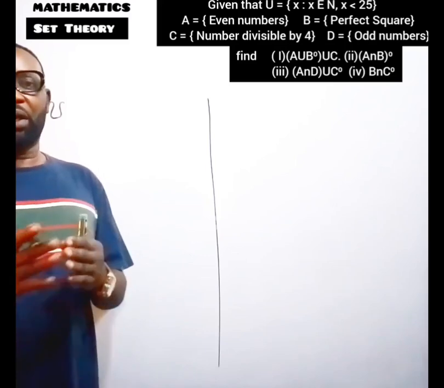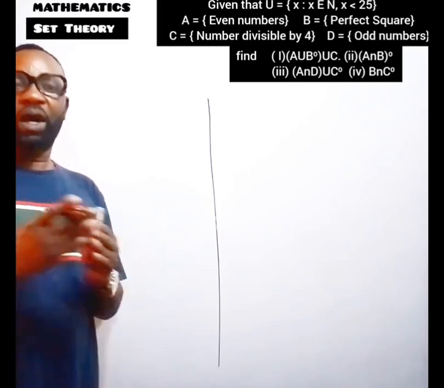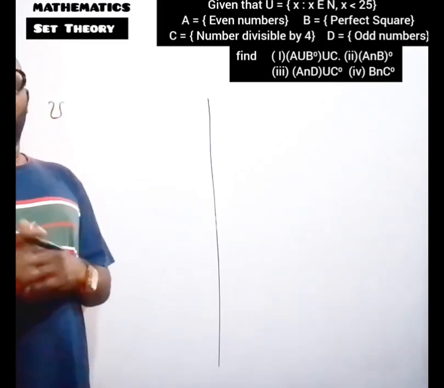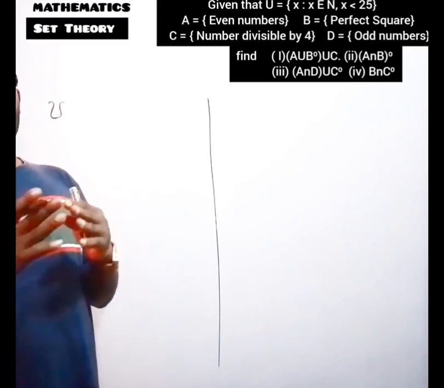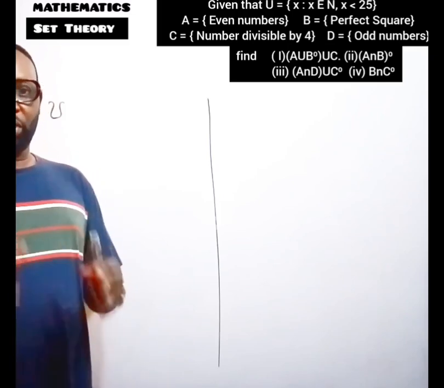Natural numbers are those positive numbers that start from 1 to infinity. Natural numbers that are less than 25.